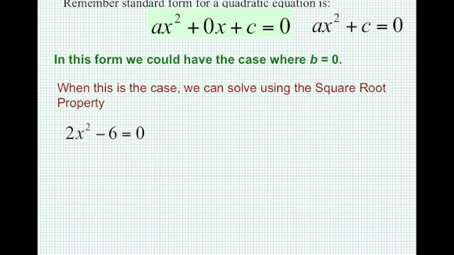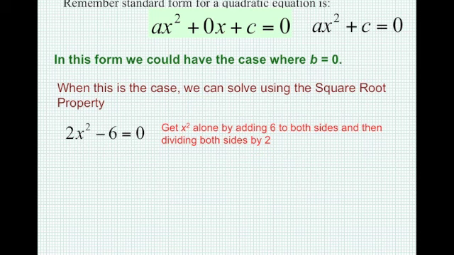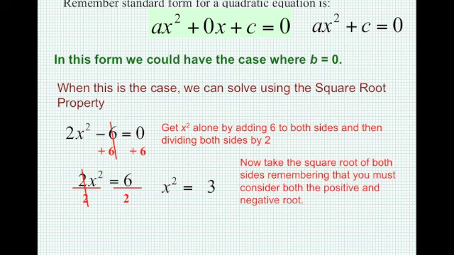For example, if we take 2x squared minus 6 equals 0, we can get the x squared alone by adding 6 to both sides and then dividing both sides by 2. Our resulting equation looks like x squared equals 3.